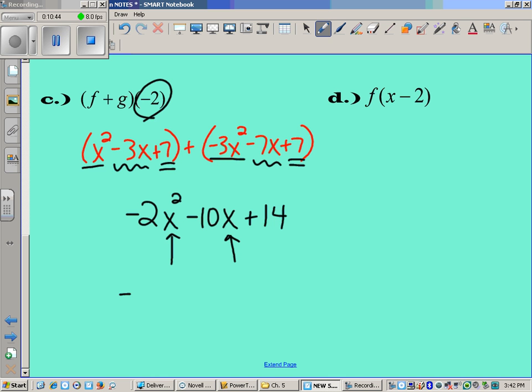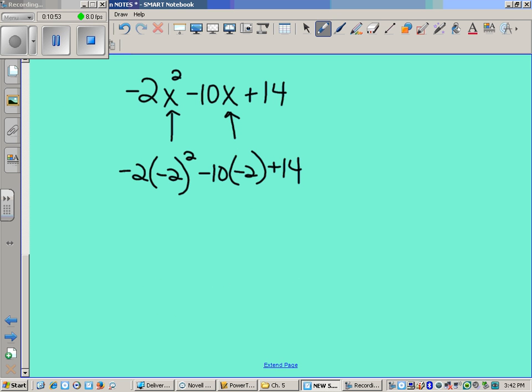Not multiply it, but remember, plug it in wherever I see an x. Will you use your order of operations for me, please? Will you figure out what that equals when you plug in your negative 2?